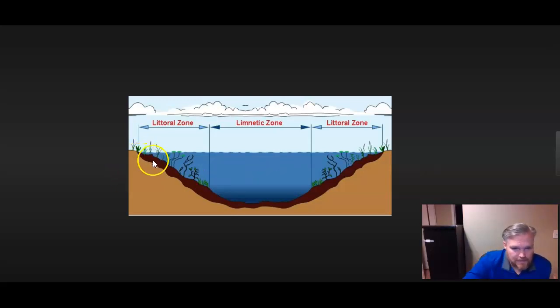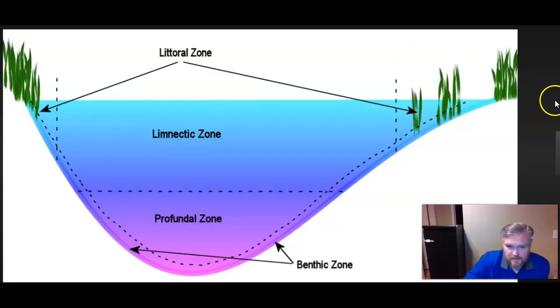And then the benthic zone is going to be the bottom, so it actually extends through the littoral zone. It can even extend into the limnetic zone depending on how deep the water is there, and then the profundal zone definitely has a benthos.